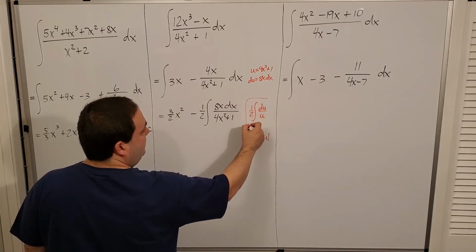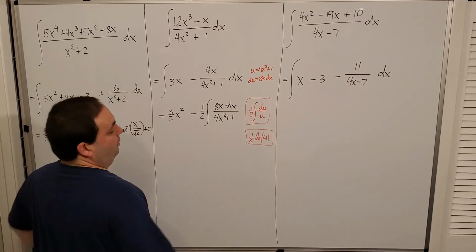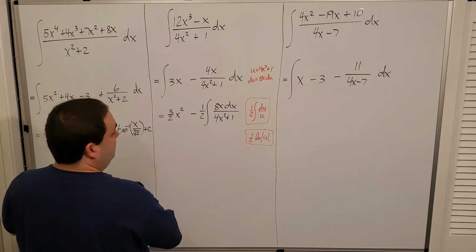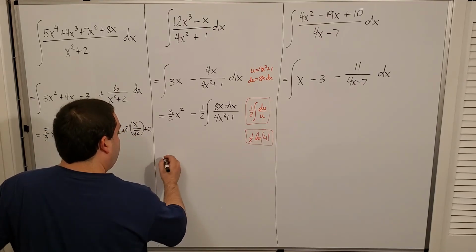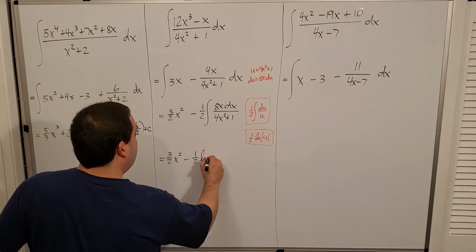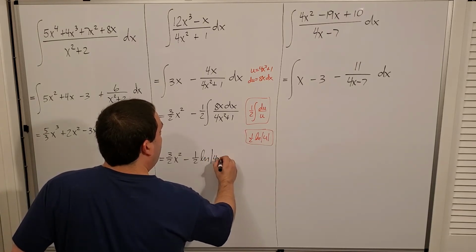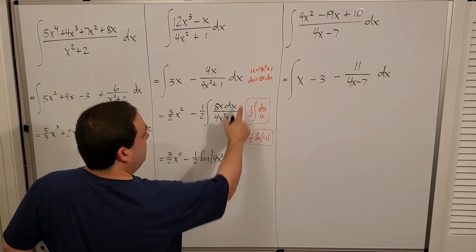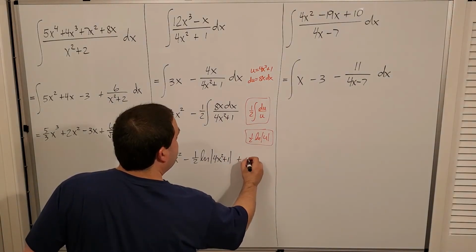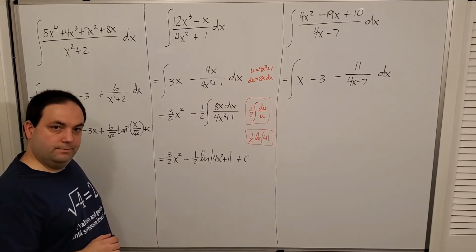Okay, so these are the substitution steps that I'll be taking there. So then my final answer should look like this: 3 over 2x squared minus the 1/2 ln absolute value of 4x squared plus 1, which was my u, right, plus c. Okay.